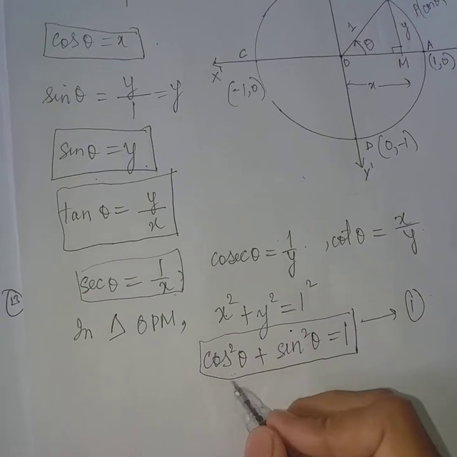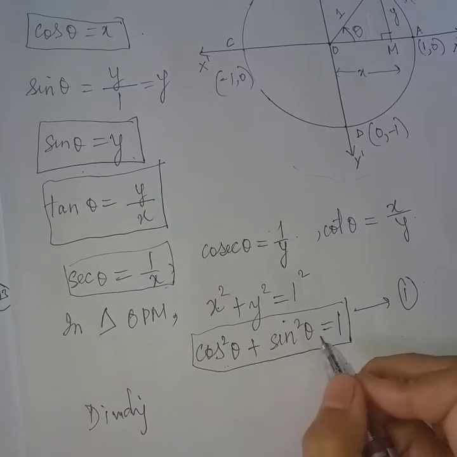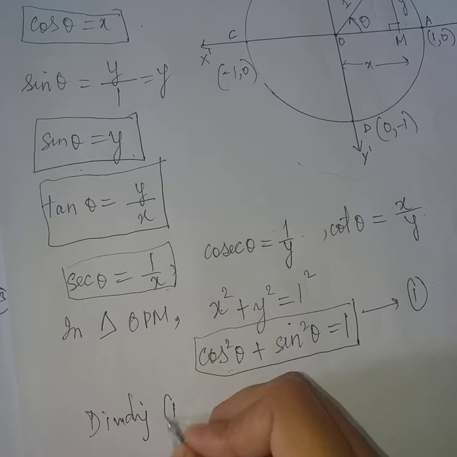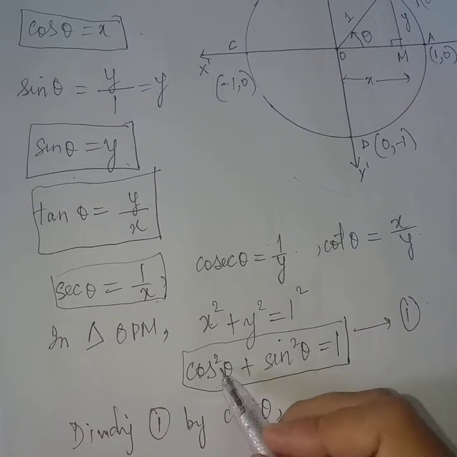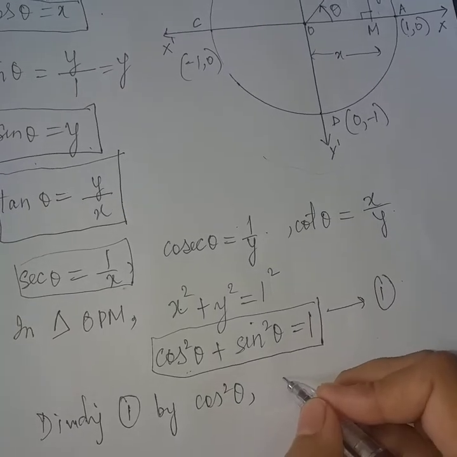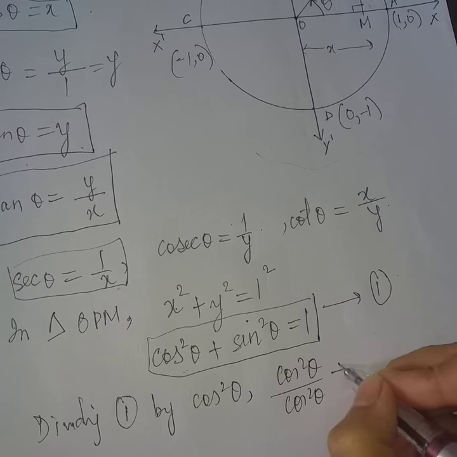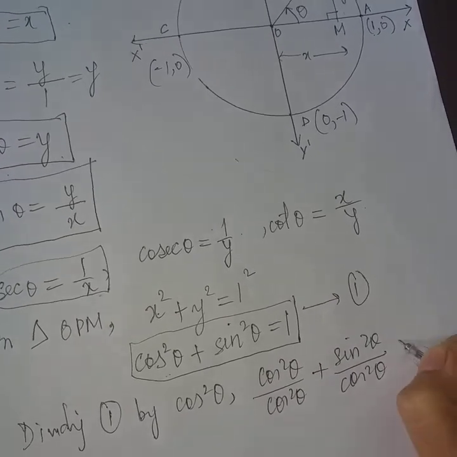Now dividing this, we can get the other two trigonometric identities from equation 1. If we divide equation 1 by cos square theta, we have cos square theta by cos square theta plus sin square theta by cos square theta is equal to 1 by cos square theta.